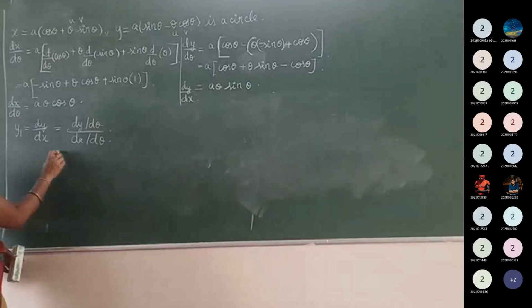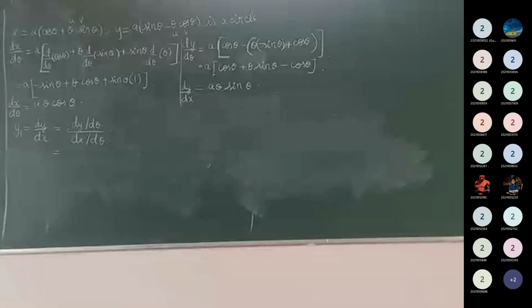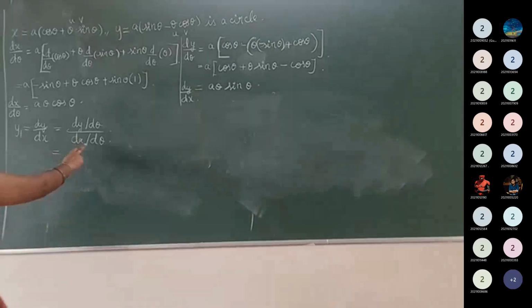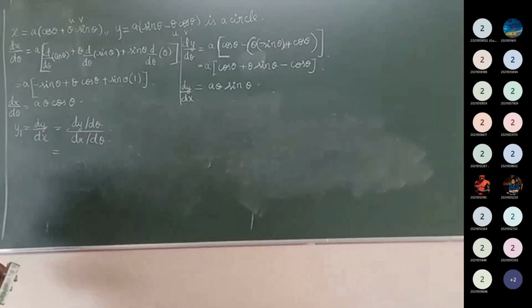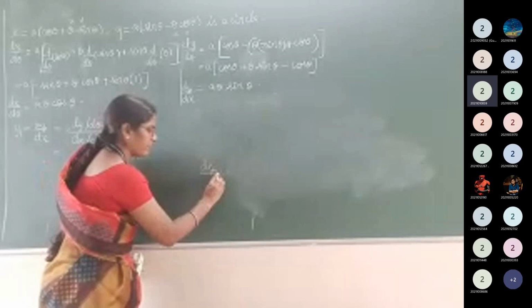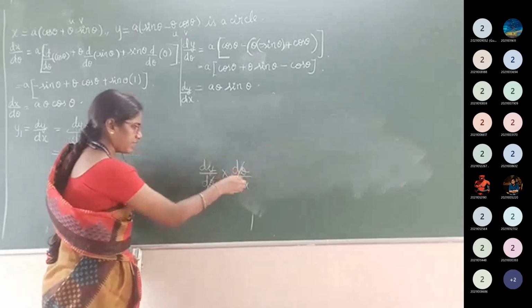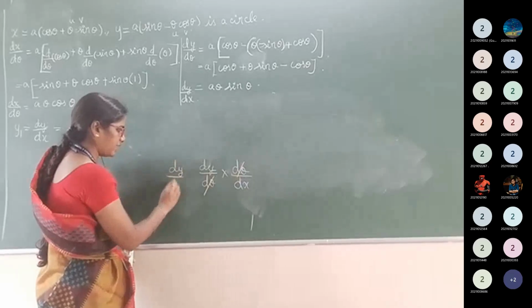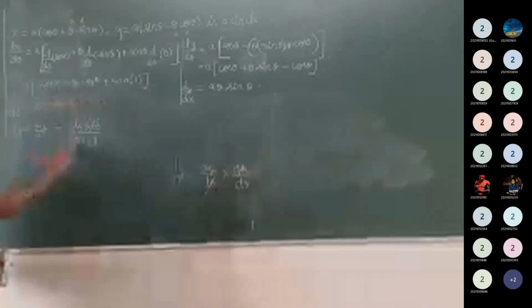We did the same procedure for the previous problem of the asteroid, writing dy by d theta into d theta by dx. So d theta will get cancelled, and you get dy by dx.